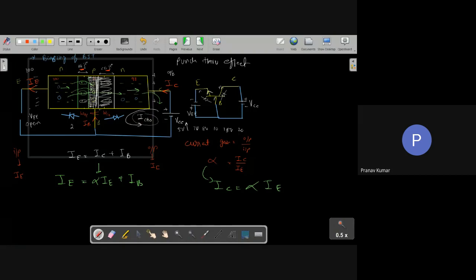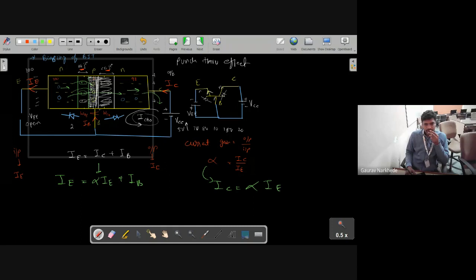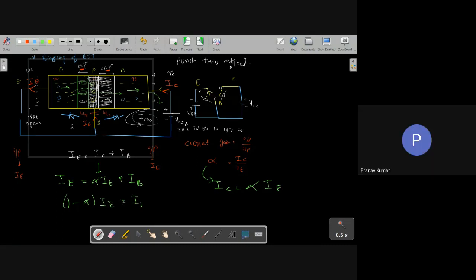So then 1 minus alpha times IE is equal to IB.